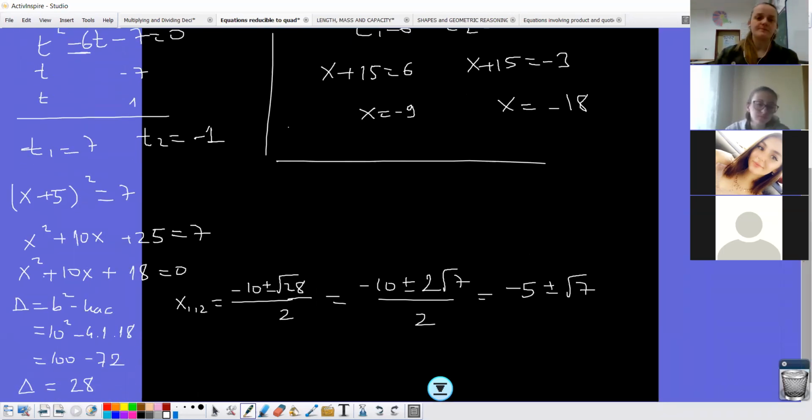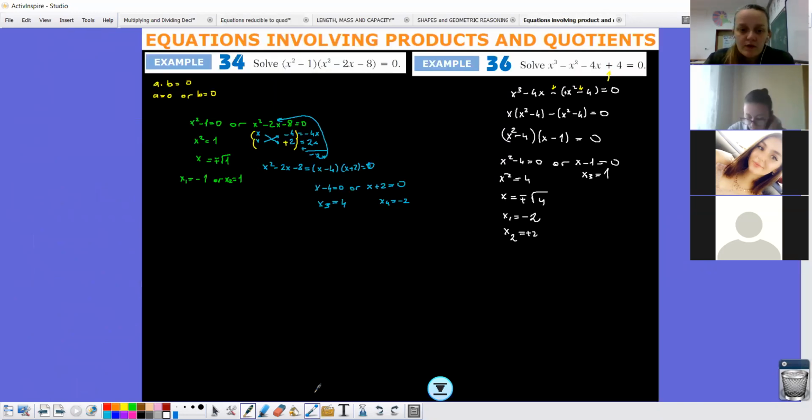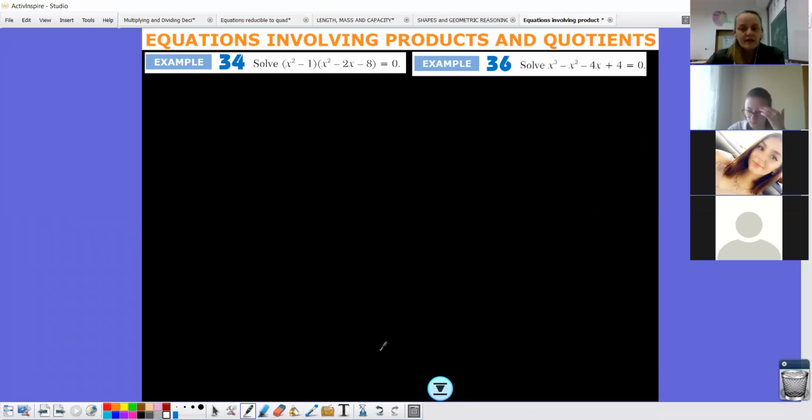Here is the question. Now, if you have taken a picture or if you have written it, I will show you some other equations. Equations involving products and quotients.